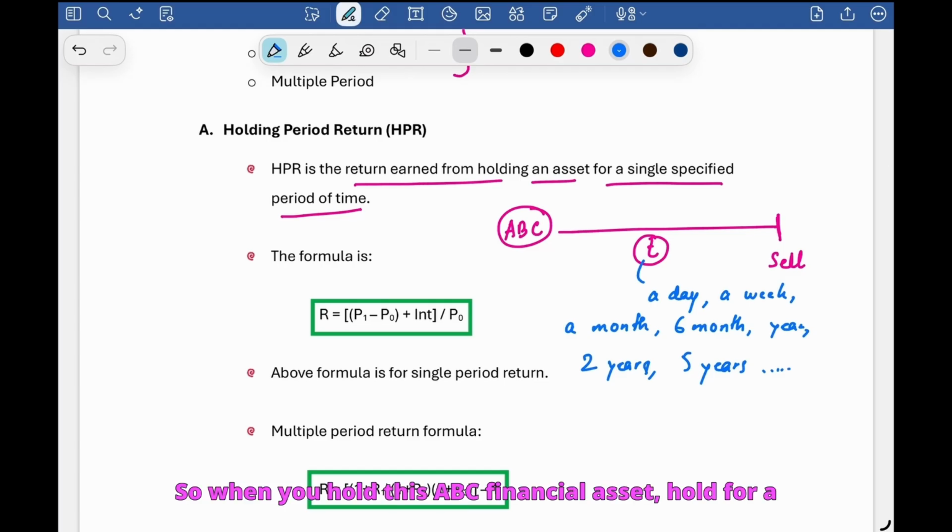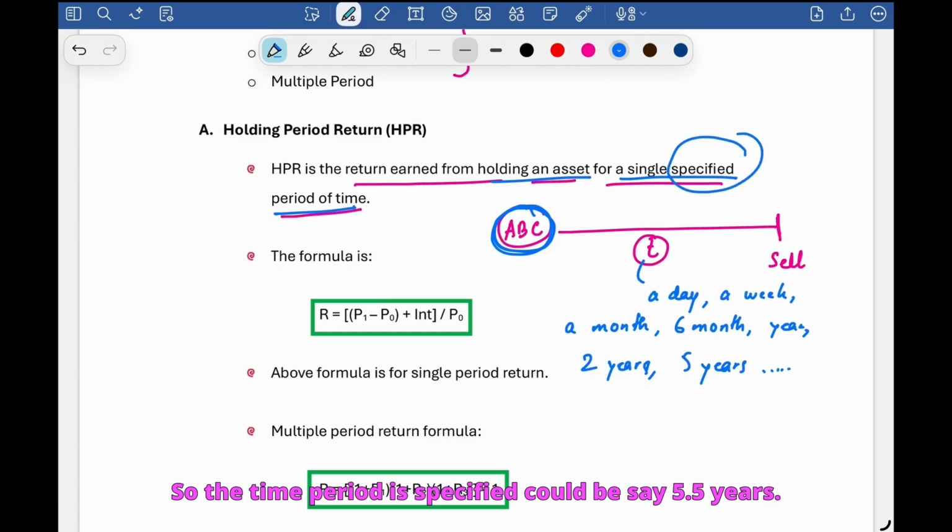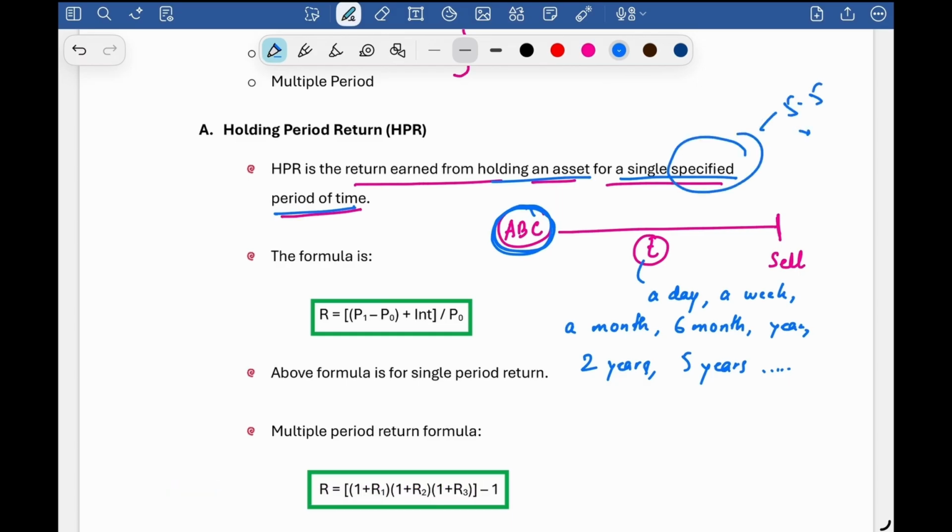When you hold this ABC financial asset for a single specified period of time, the time period is specified, say, 5.5 years. In between, you do not sell it, you hold it, and after that T period of time, in this case 5.5, you sell it. Here you want to calculate the return.